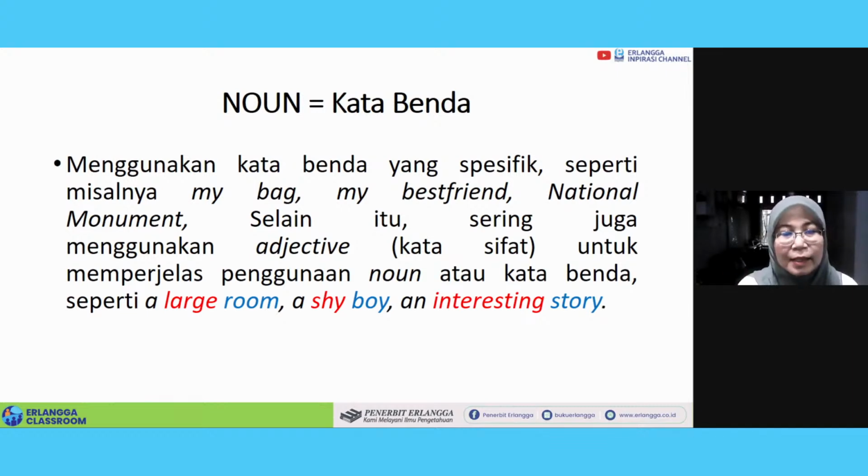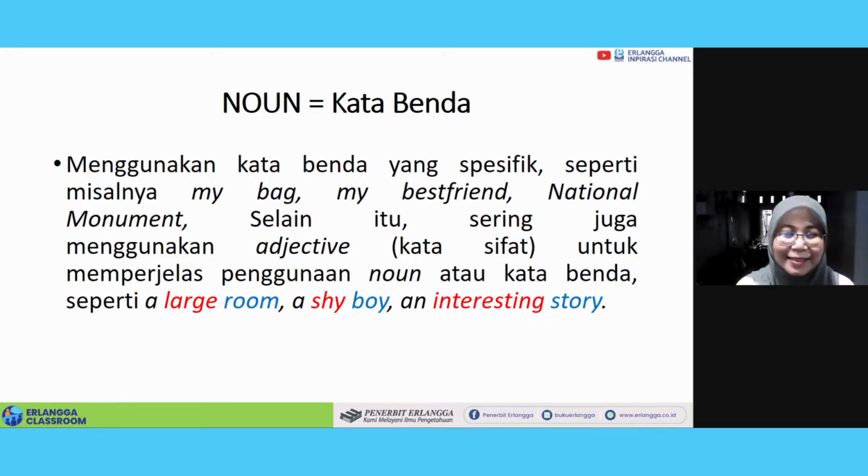You want to describe a person, you can say that a shy boy, ya. An interesting story, seperti itu. Jadi the use of adjective will make your descriptive more interesting and more specific.